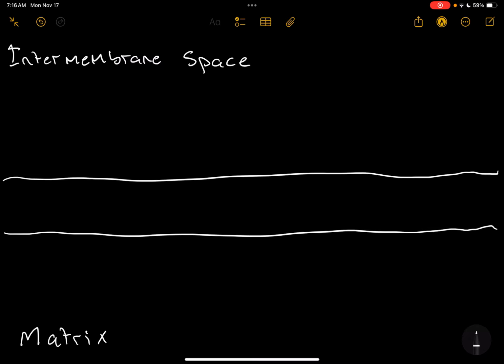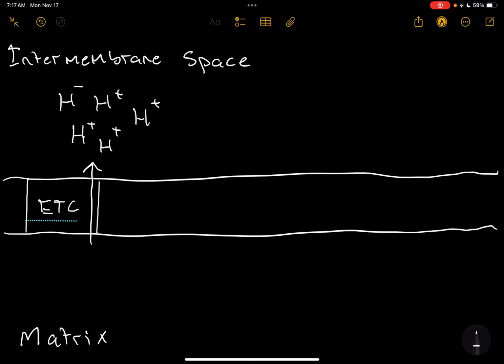One of the first things we know about mitochondria is that they're used to create energy, or ATP. The way that's done is through the electron transport chain, so I'm just going to write ETC for short. Basically, the electron transport chain creates a gradient of protons, so that there are many more protons in the intermembrane space than in the mitochondrial matrix.